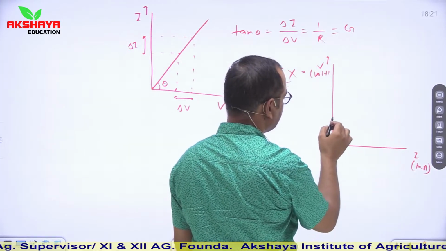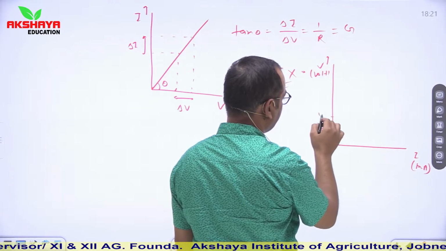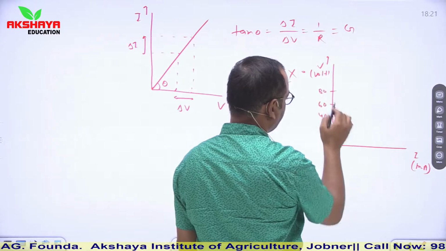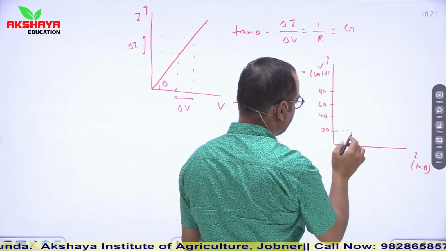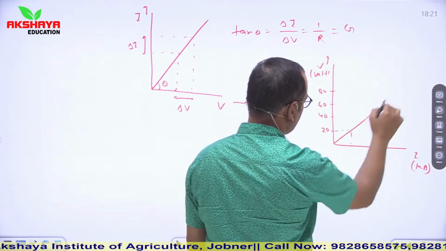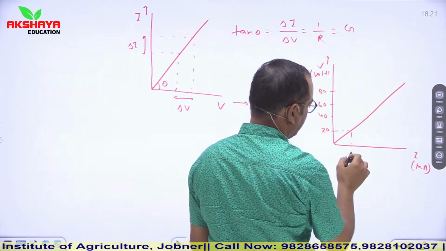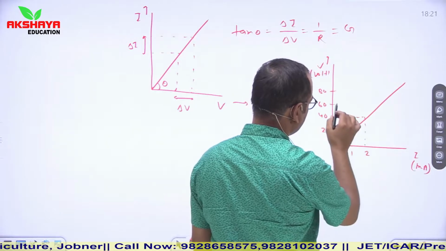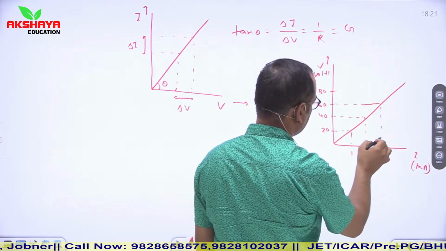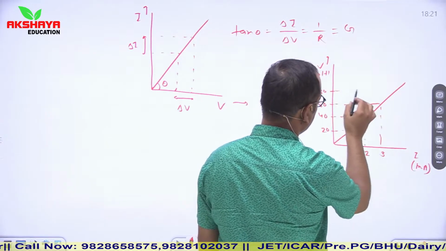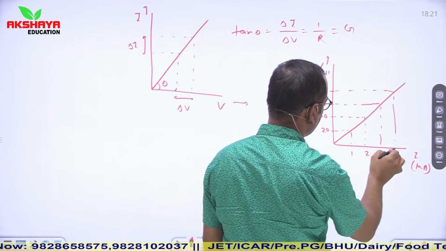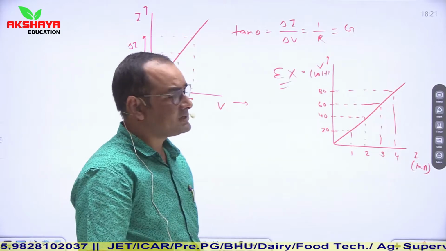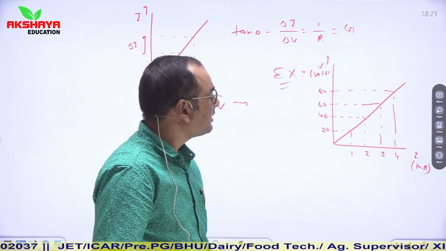Here potential difference is given as 20, 40, 60, 80, and their respective currents are 1, 2, 3, and 4 milliamperes. So you may be asked here for resistance.